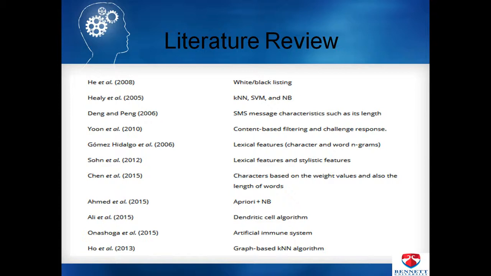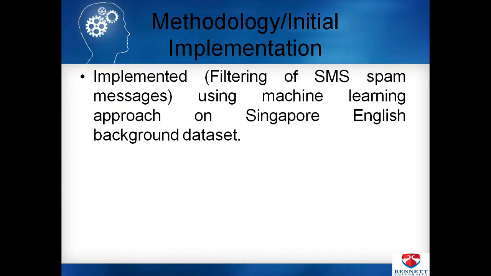Ali used dendritic cell algorithms, in 2015 Onsoga used an artificial immune system, and in 2013 there was a graph based KNN algorithm.